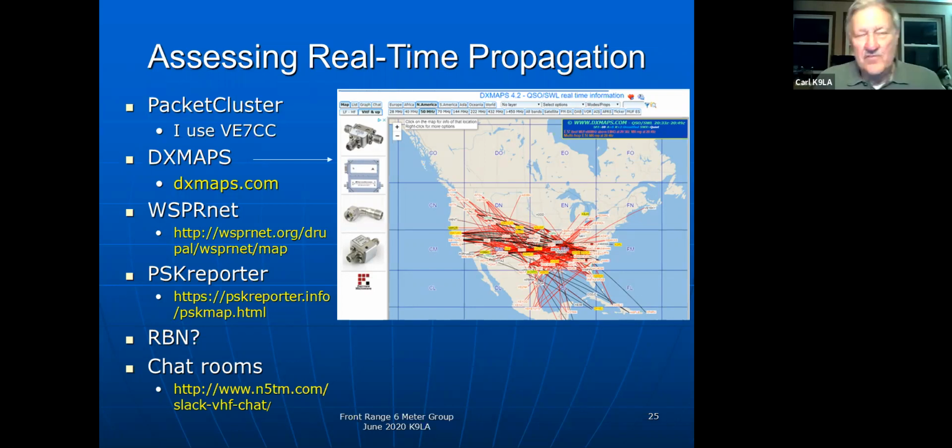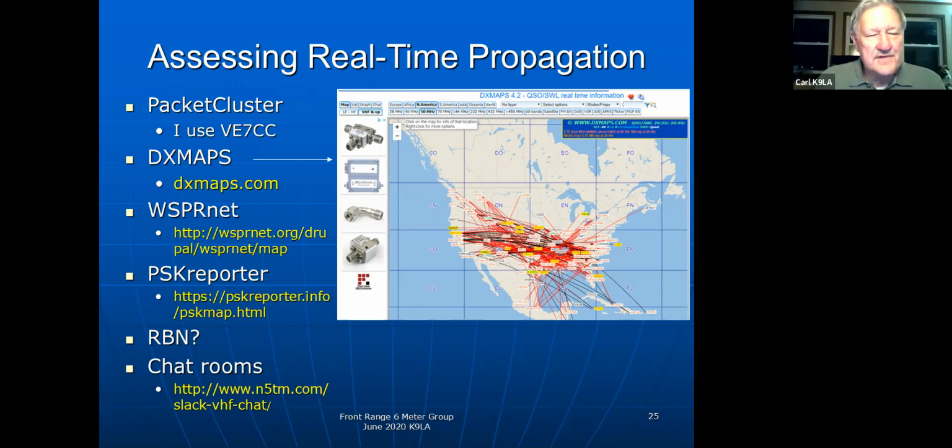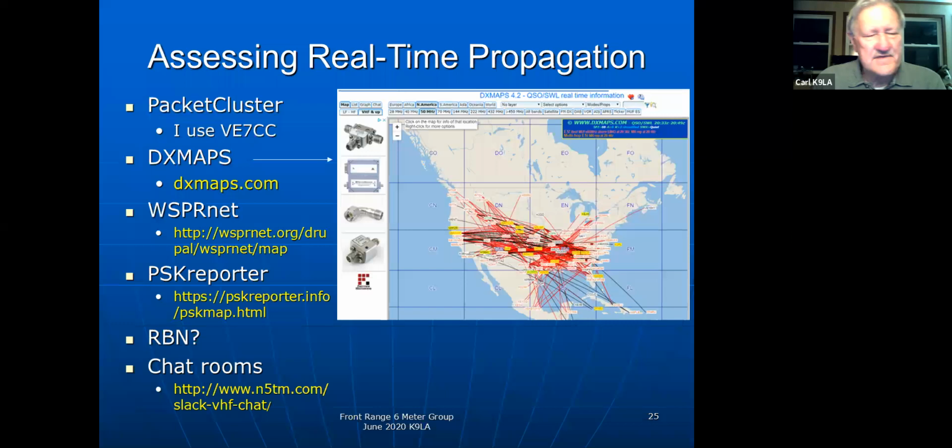But there's WhisperNet, PSK Reporter. I was thinking about the RBN. I guess if there's a 6-meter SDR out there, you could check RBN to see if you're spotted somewhere too, I suppose. I don't know how widespread 6 meters is though on those SDR receivers.